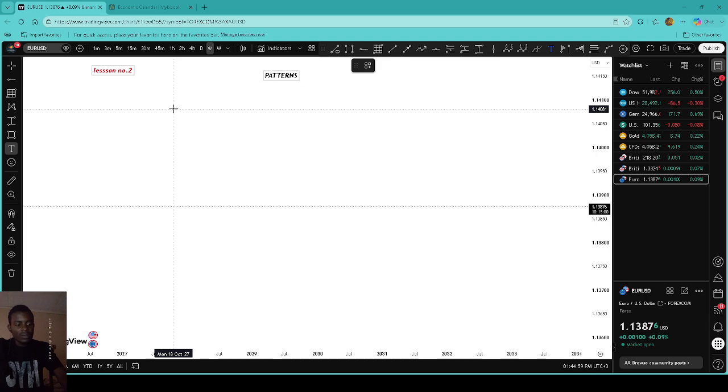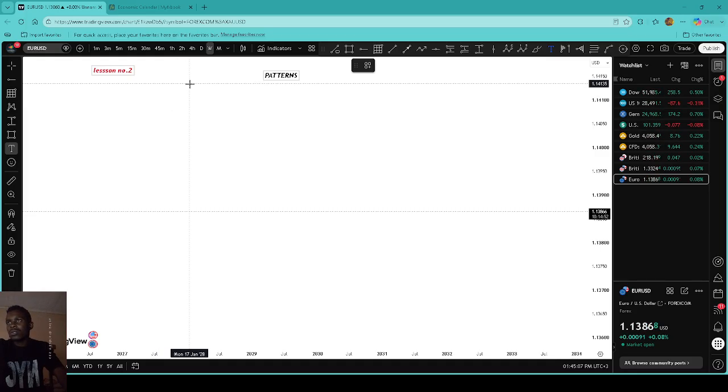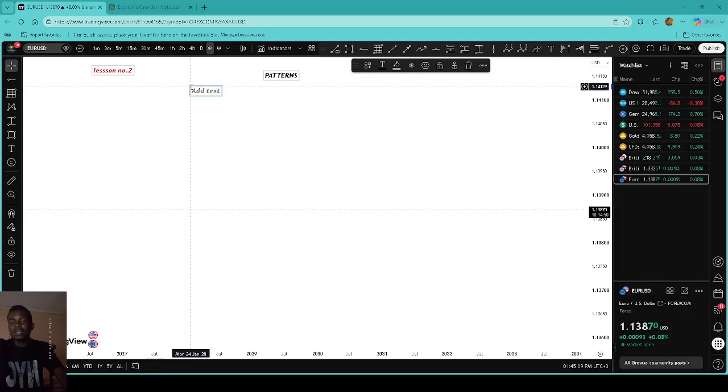I don't know if patterns is good for this as a topic for this part, but let's just call it patterns because I call them patterns. Number 1, we have the order blocks.